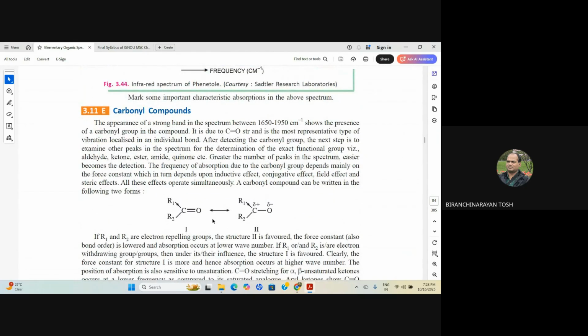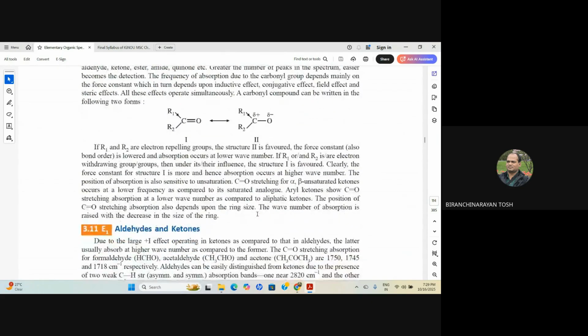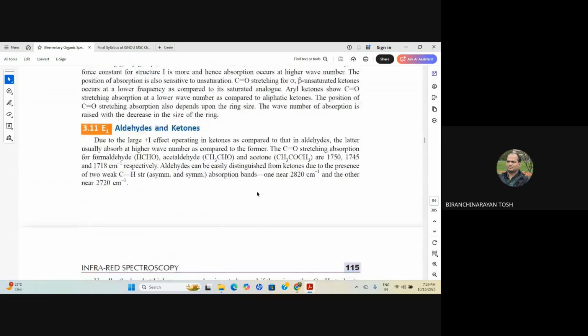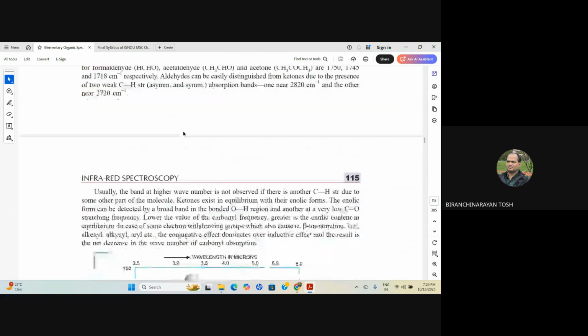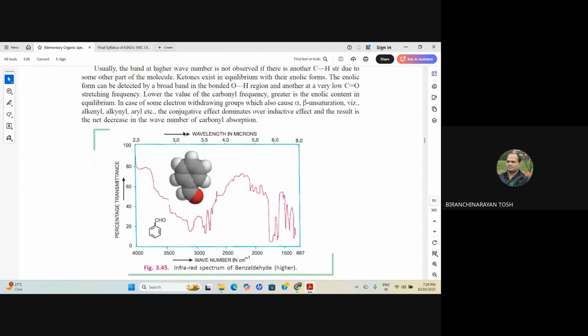The carbonyl bond, as it is more polar, will absorb around 1700 centimeter inverse, and if unsaturated ketones are there, they will absorb at lower frequency compared to their saturated analogs. Here, for example, benzaldehyde.